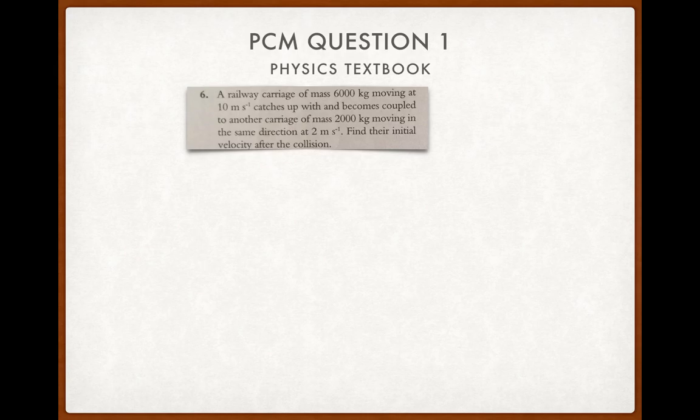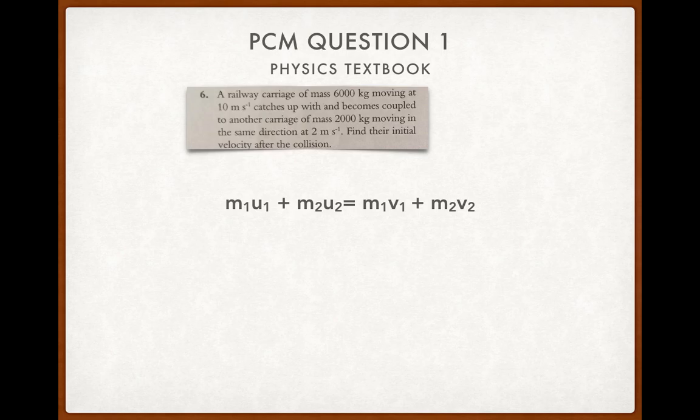Question 2. So we have a 6,000 kg mass traveling at 10 meters per second, catches up with another one that's moving at 2 meters per second in the same direction, but it's got a mass of 2,000 kgs. Now it gets coupled together, so it sticks together, and they've got the same final velocity as well. So M1U1, 6,000 by 10, M2U2, 2,000 by 2.